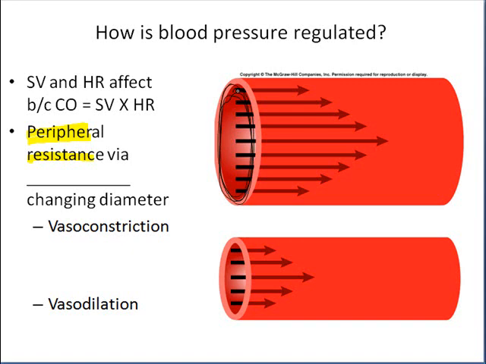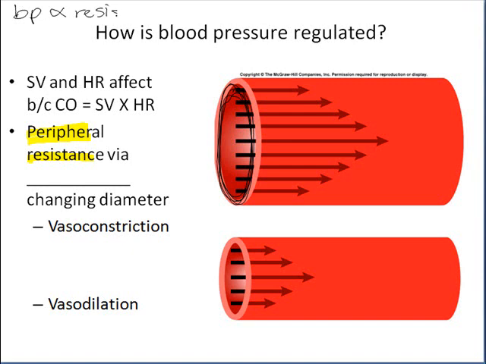The more red blood cells I have encountering or rubbing up against the interior wall, the greater the resistance is going to be and the greater the pressure is going to be. The fewer red blood cells I have bumping up against the wall, the lower the resistance and the lower the blood pressure.